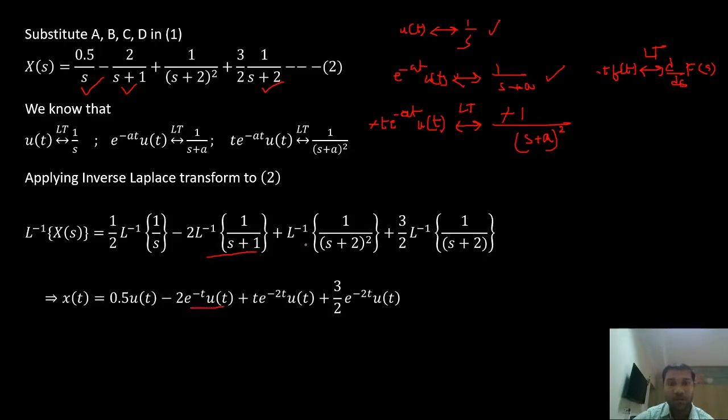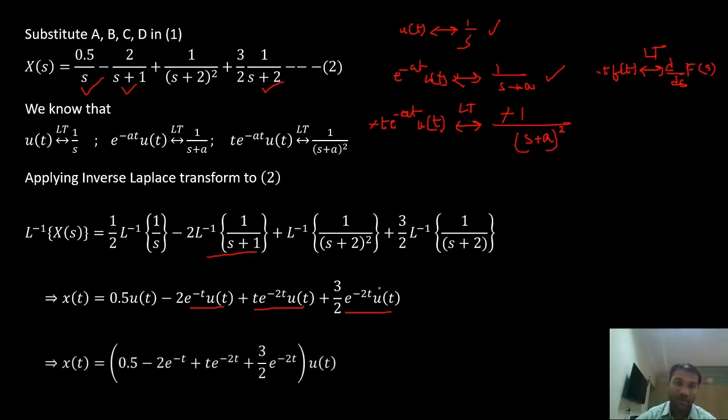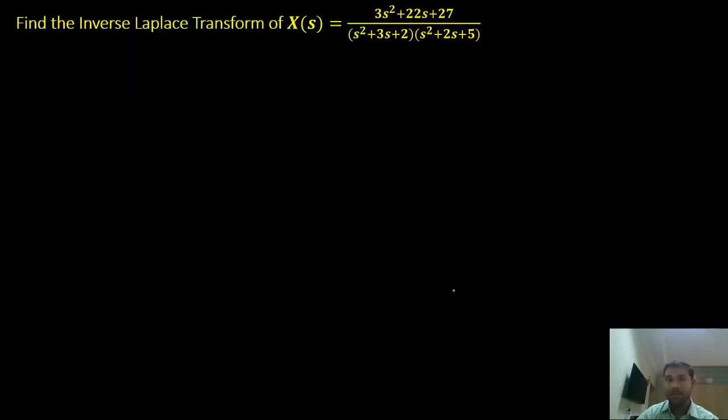For the third term I have t into e power minus 2t into u of t, and for the fourth term I have 3 by 2 e power minus 2t into u of t. So I am taking u of t common and writing this as a common term. So this is how I can find the inverse Laplace transform.